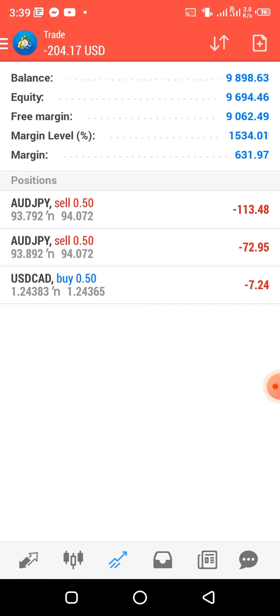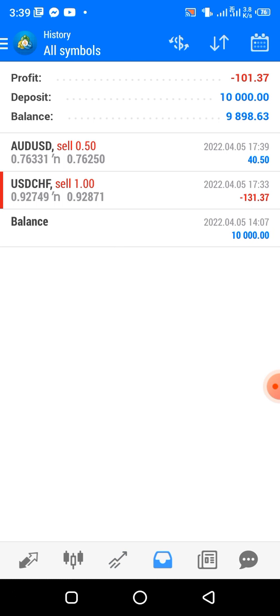So going to my history, I'm going to see my balance. This is the balance I opened this account with, and I have lost on the USD CHF sell position 1.00, $131 with a standard lot size. The trade was closed automatically for me based on my stop loss. The stop loss was quite very close. There was no big room for price to react.